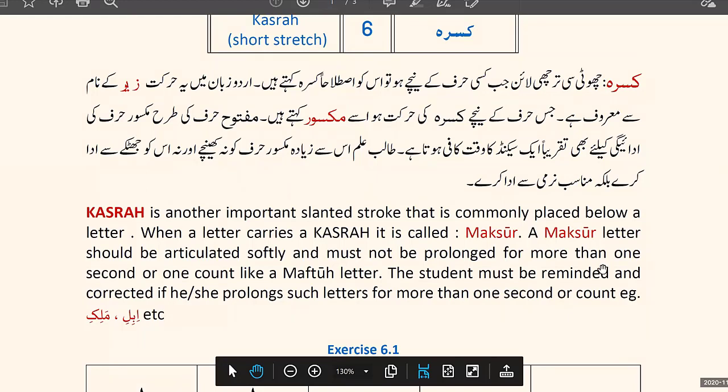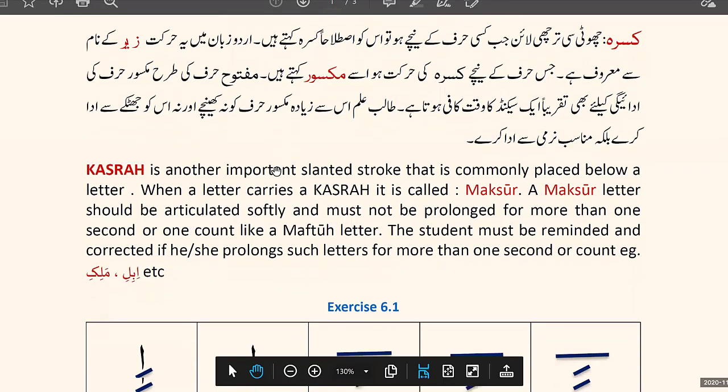Wa alaikum salam. Yes. Thank you so much. Can you see the screen? Yes. Okay, can you read that? Sorry. Yeah, can you read this? Kasra, this English, these instructions. Okay.